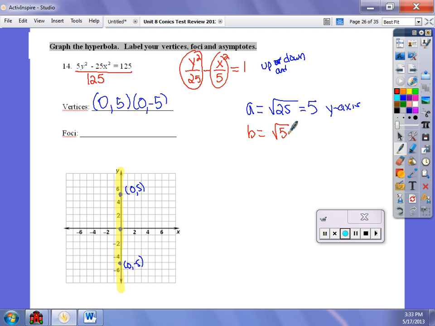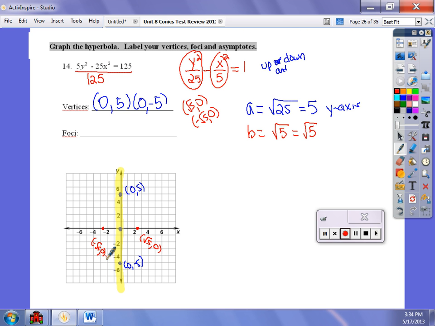So the square root of 5 is just simply the square root of 5. The square root of 5 is approximately 2 point something, but it's not exactly 3, so we're going to go in the middle of 2 and 3 to make our point for b. Label that as square root of 5, 0, and negative square root of 5, 0.